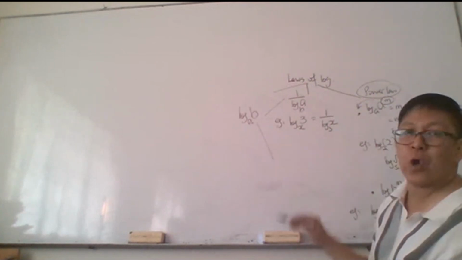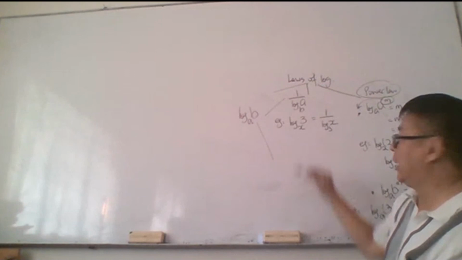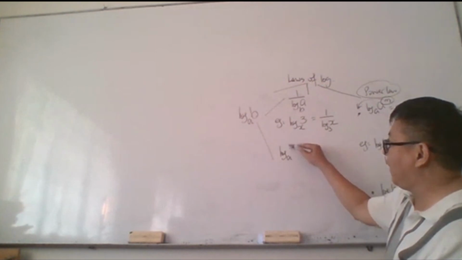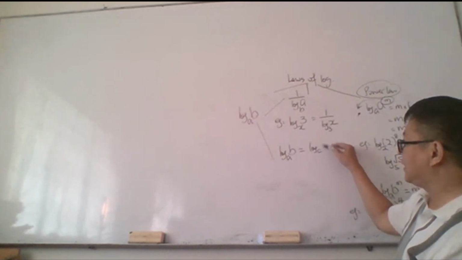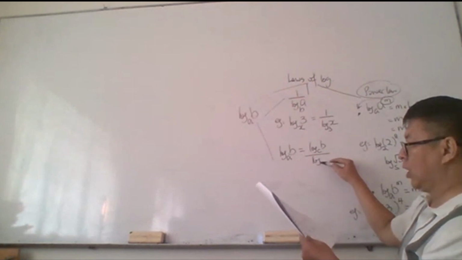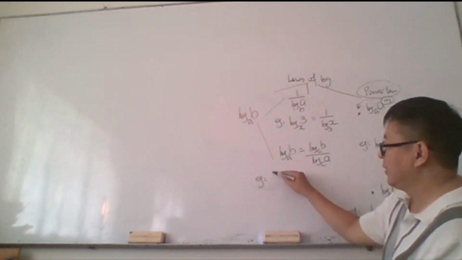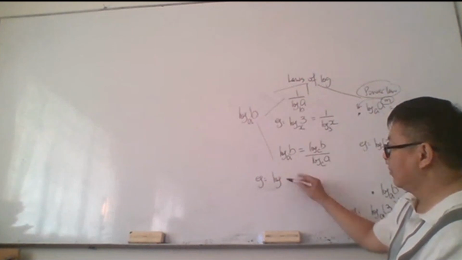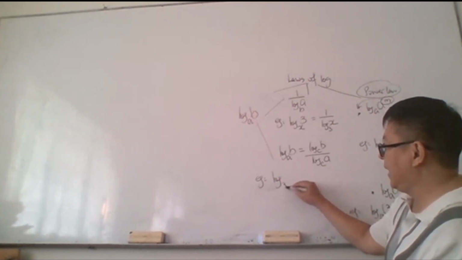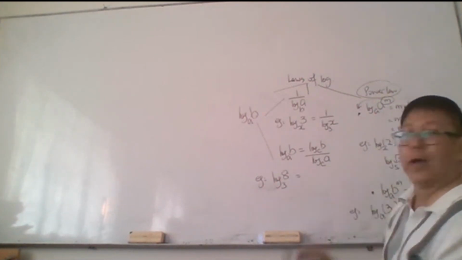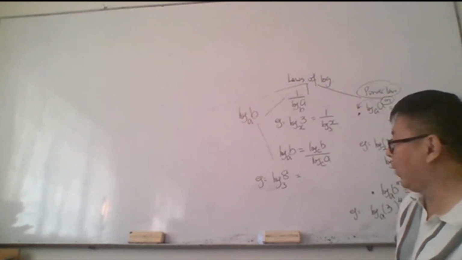Another one, we are going to totally change to a new base. So log_a b can be log_c b over log_c a. For instance, you may have log base 3 of 8.